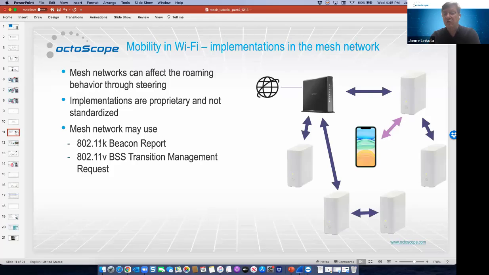This is a mechanism for the access point to ask for the station's point of view on how it sees the various access points. Basically, can you give me the RSSIs of all these access points in the mesh? It can take that into further consideration when making its steering decisions.